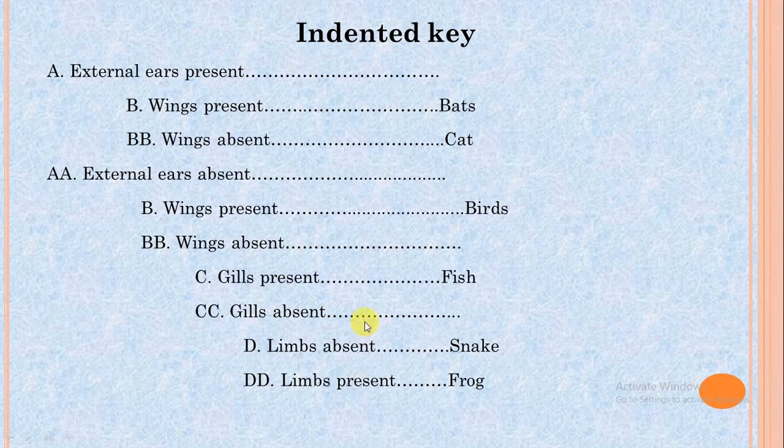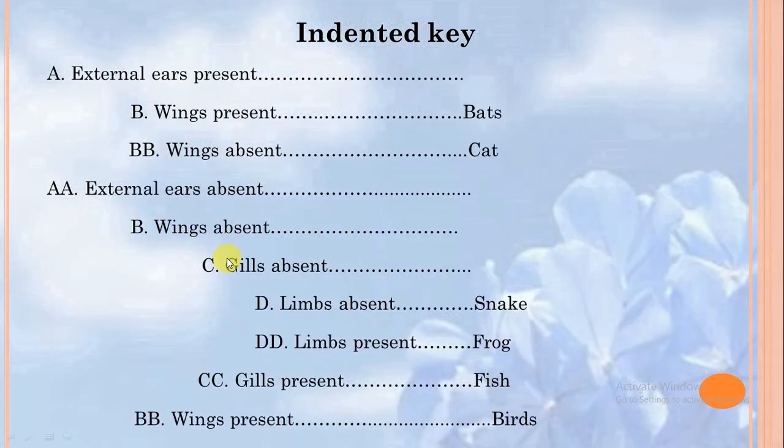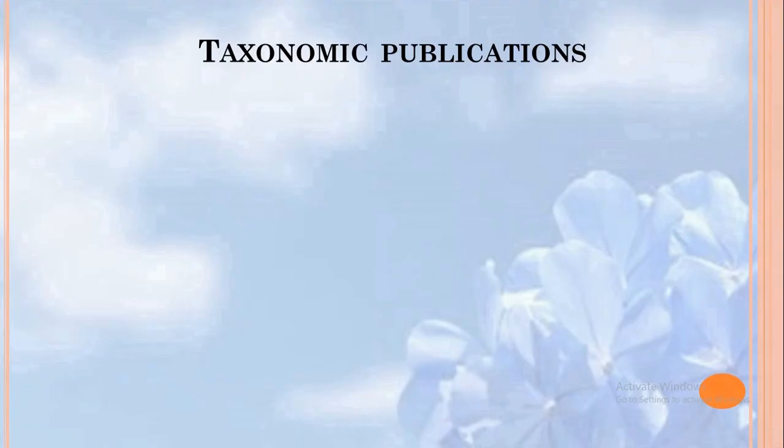So this indented key is different from the previous indented key in the choice of characters, what you have chosen to write first and what you have chosen to write later. Like here we have mentioned presence of wings first, and after that its alternative is mentioned. However, in this key, absence of wing is written first and its alternative is written later.